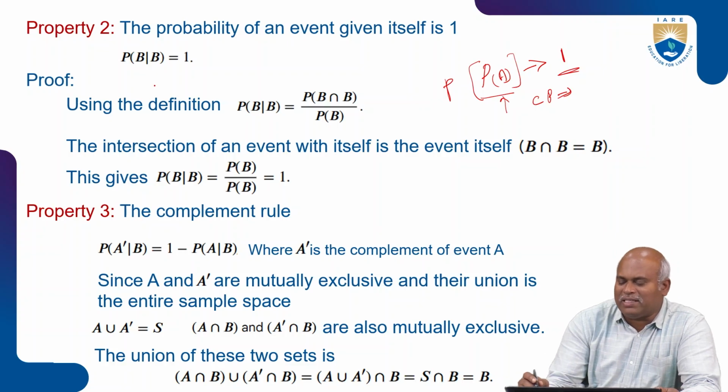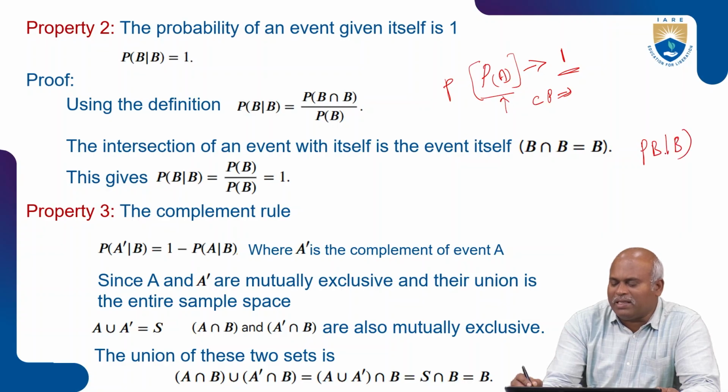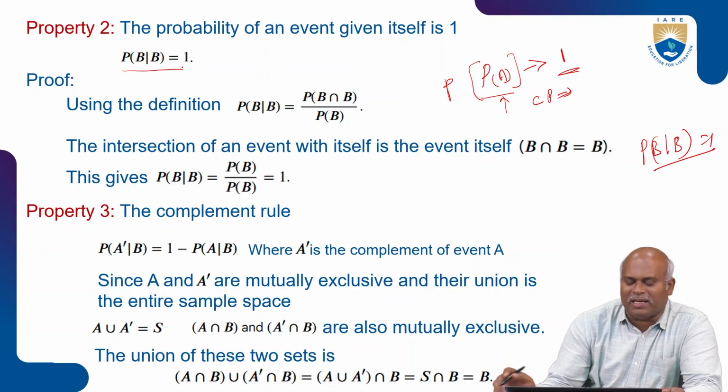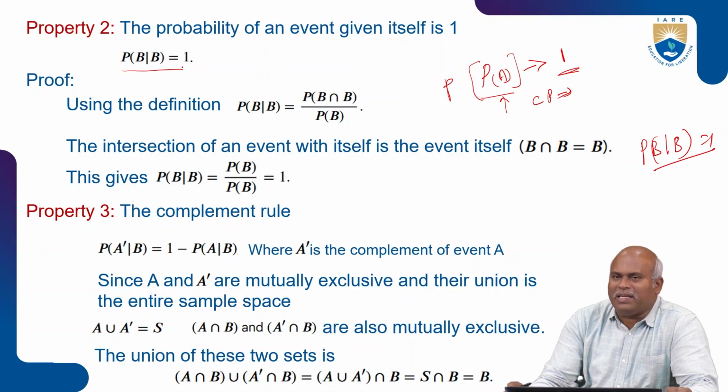Now the equation, P of B given B is equal to 1. That is a condition, so I write it mathematically here. As per the definition, we use the same definition of conditional probability.